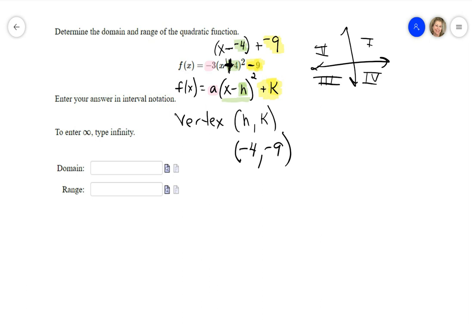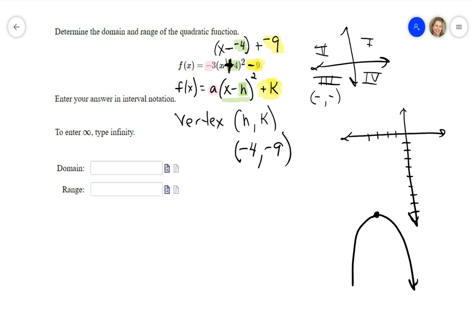And all the points that are in quadrant number 3 have both a negative x coordinate and a negative y coordinate. Okay, I really don't need the quadrants for this. It's 1, 2, 3, 4 to the left, and then down 1, 2, 3, 4, 5, 6, 7, 8, 9. My vertex is right here, and then this thing is an upside down parabola.